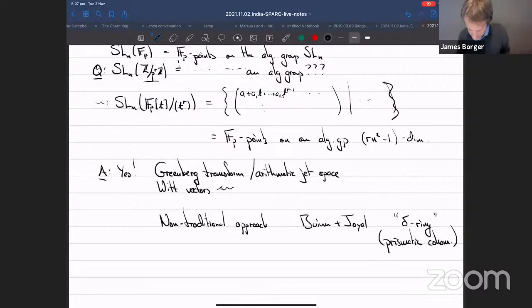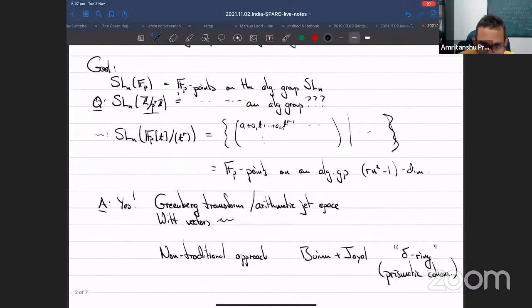Okay, there's just a quick question. Raghavan wants to know, what about this formula when n equals 1? I suppose he's talking about the r(n^2 - 1) dimension. Oh, did I get it wrong? No, wait, this might be right. That would be the truncated power series of length r, but they have to be invertible, so they have to have constant term.